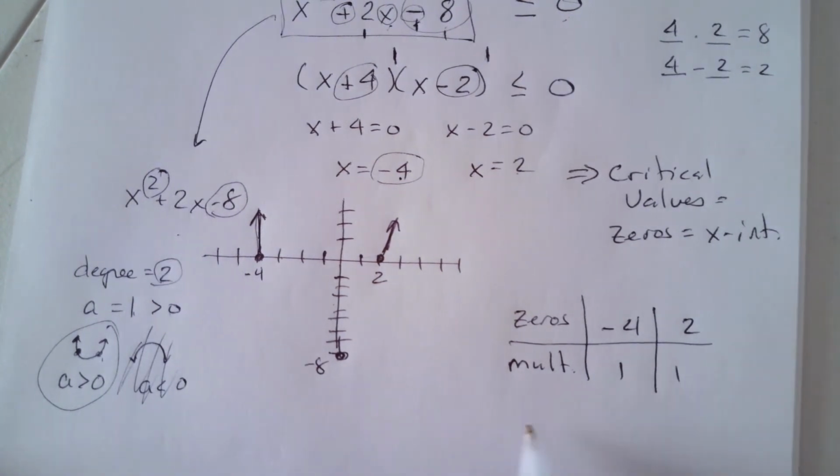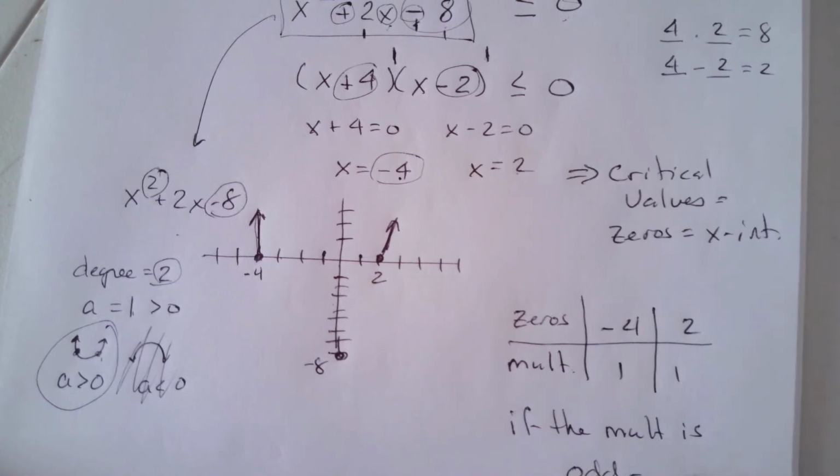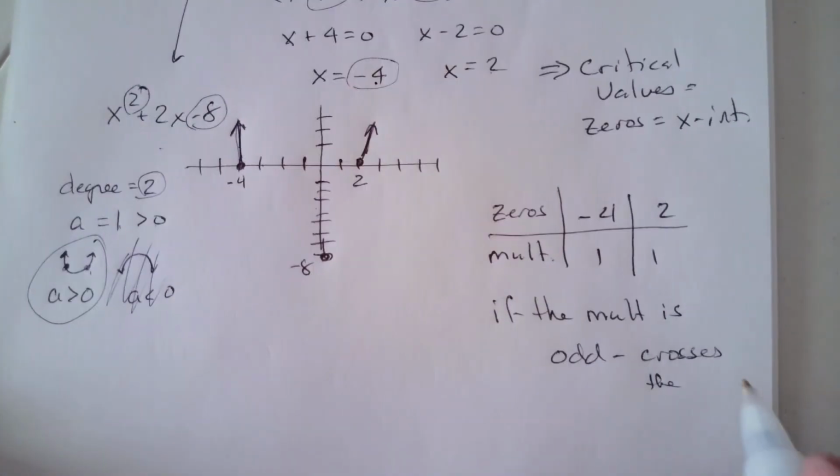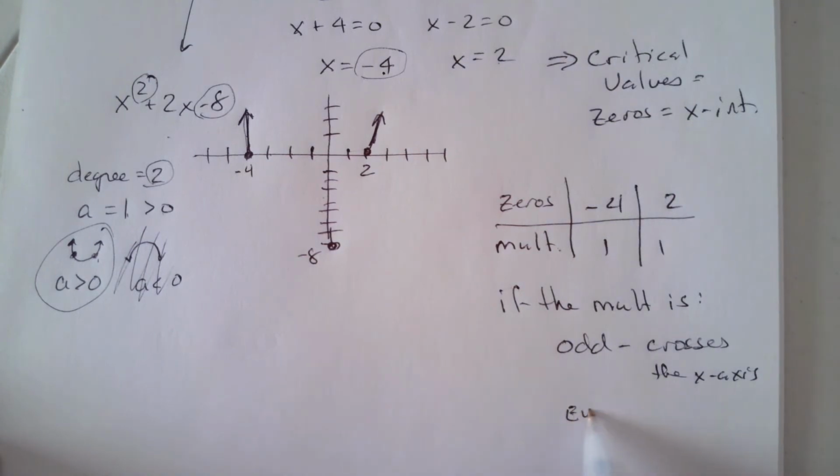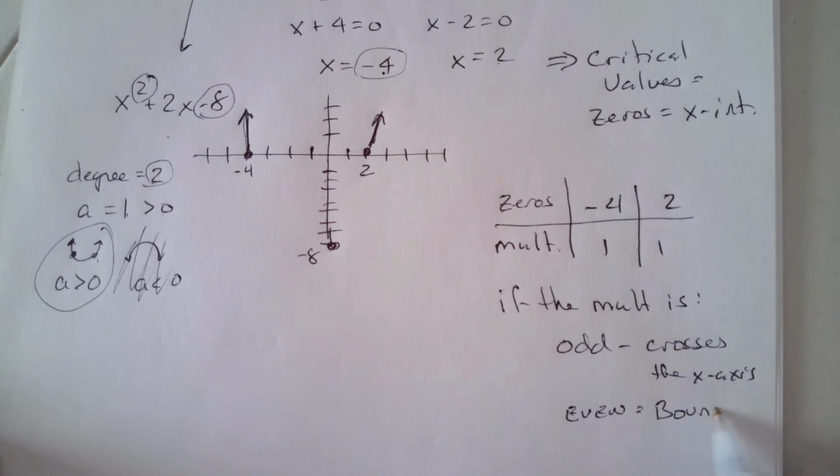That's important because if the multiplicity is odd, then it crosses the x-axis. If it's even, then it bounces off the x-axis.